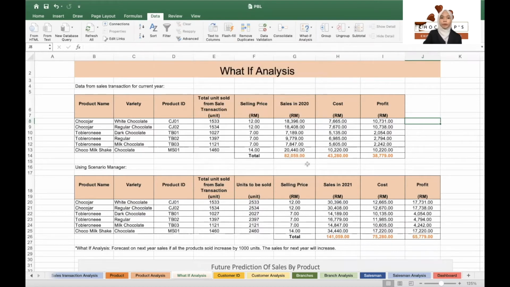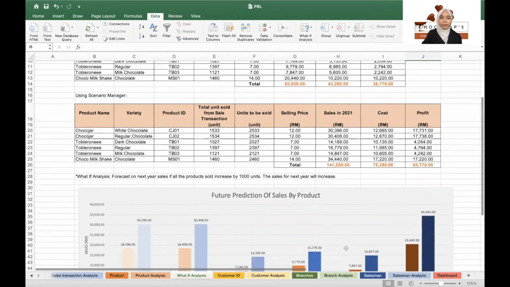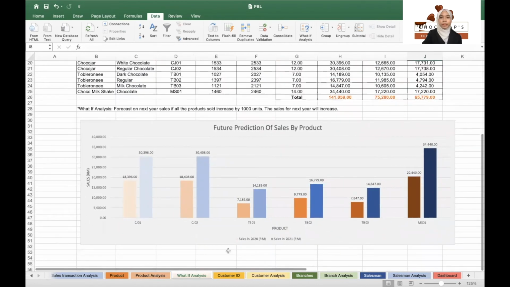After using the Scenario Manager, the total quantity sold will increase by 1,000 units each, and this one is the quantity sold in 2020, and this is the forecast sold in 2021, and the total sales change in 2021, which is RM141,059. And this is the bar graph that indicates the increase in sales for each product in 2021.